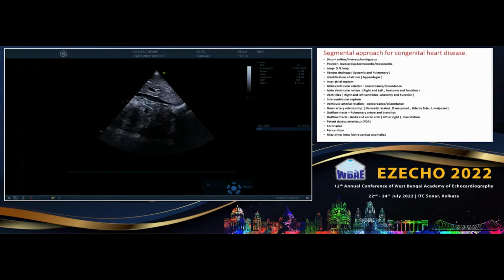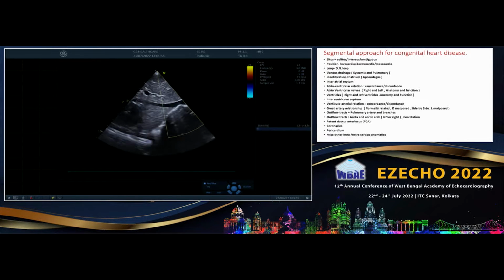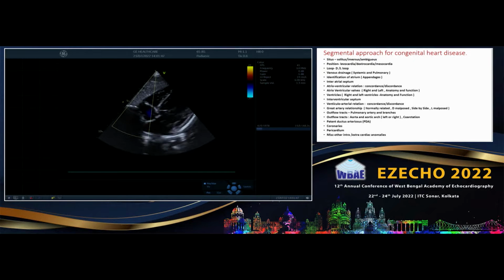When you tilt slightly right, you get to see a structure which is moving and is non-pulsatile. If you keep on tracing that structure, it is draining into one atrium, which is this one.